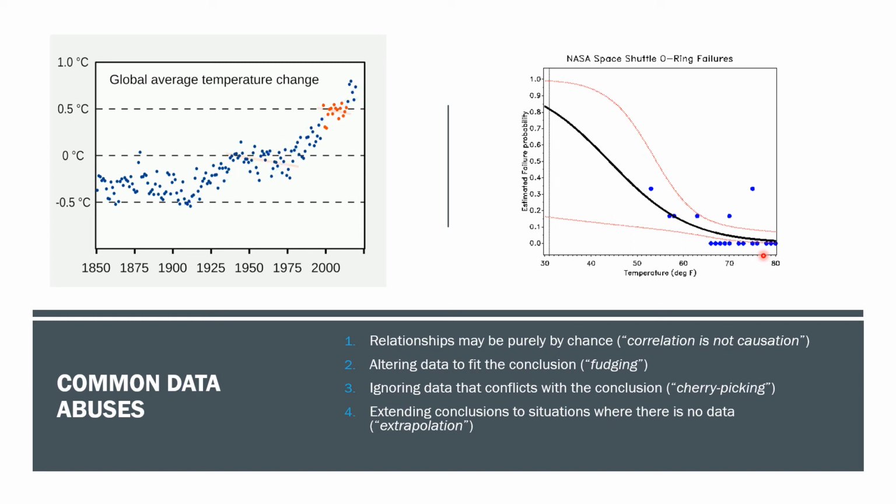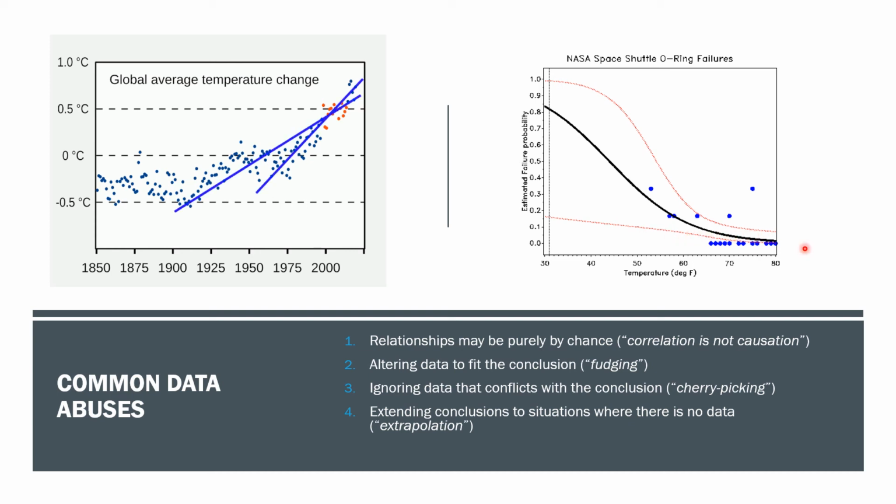It was only later that this line and this line were obtained, which actually show the relationship between temperature and the O-ring failure probability. So if you only had this data over here, you might conclude that there's really no relationship between O-ring failure and temperature.